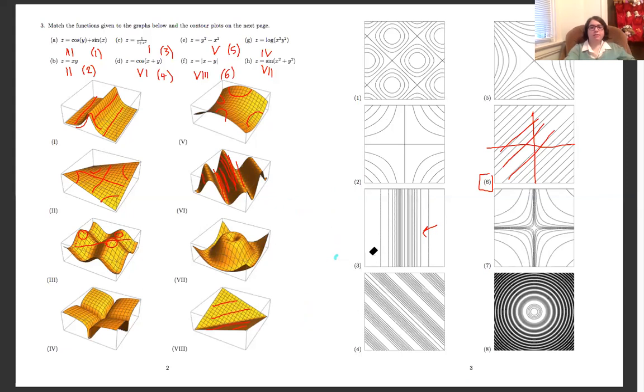Let's look at G. G is log of x squared plus y squared, which I said corresponds to this graph, graph 4. And when I try and take slices in Z, I get not really a true hyperbola shape because I'm getting sort of a 4-sided hyperbola.